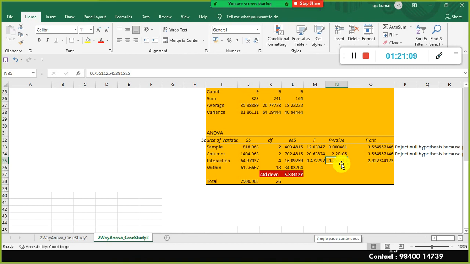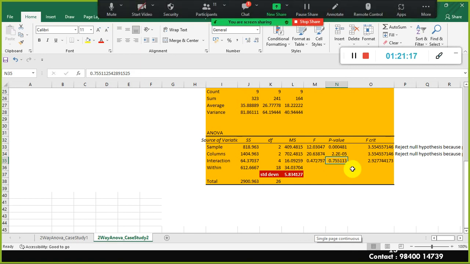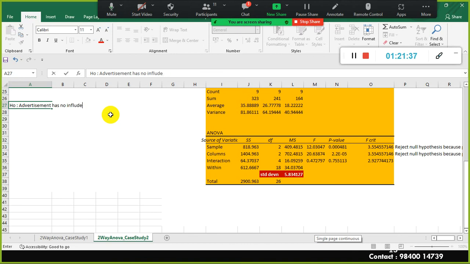We fail to reject the null hypothesis, so we conclude that the combination of these two has no influence on the sales. Got it? Basically we conduct three hypothesis tests. One is H sub 0, the advertisement has no influence on the sales.